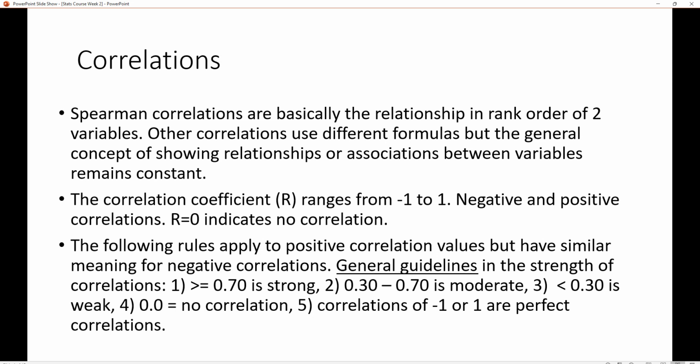Correlations less than 0.30 are generally considered weak, and a correlation of 0 indicates that there is no correlation. And correlations of -1 or +1 are considered perfect correlations.